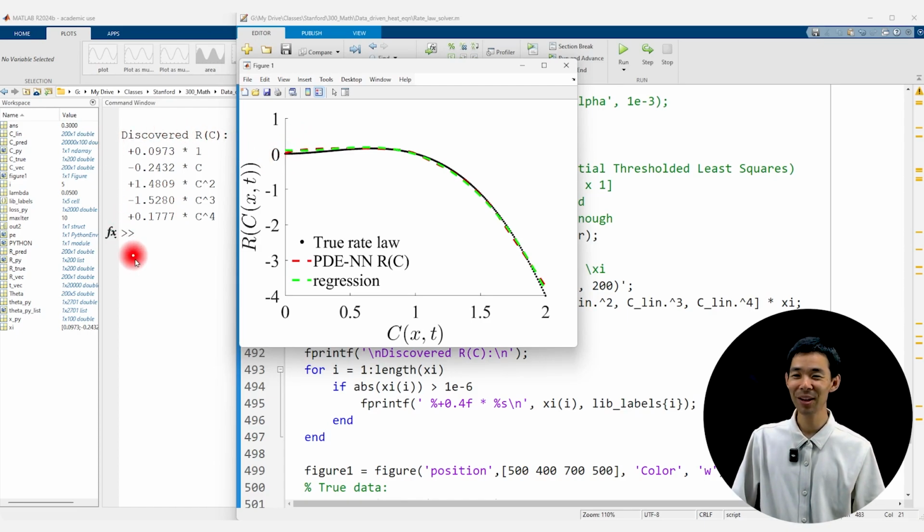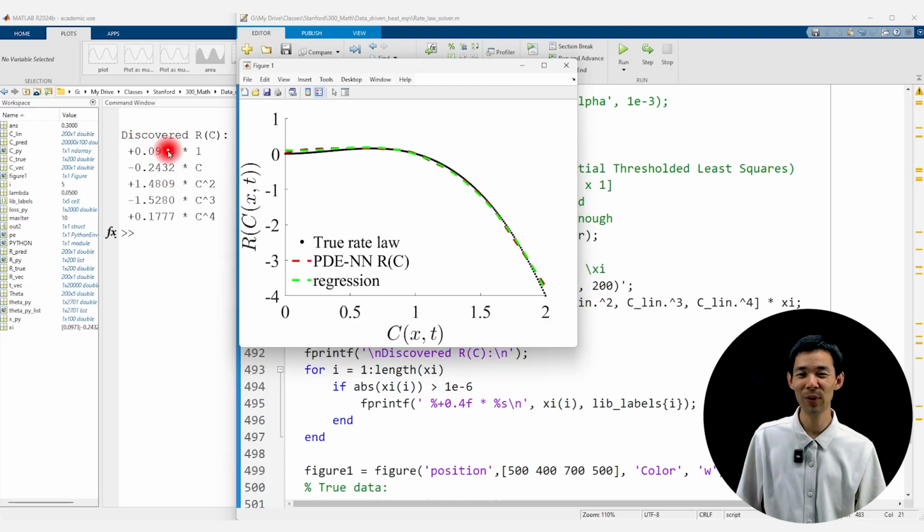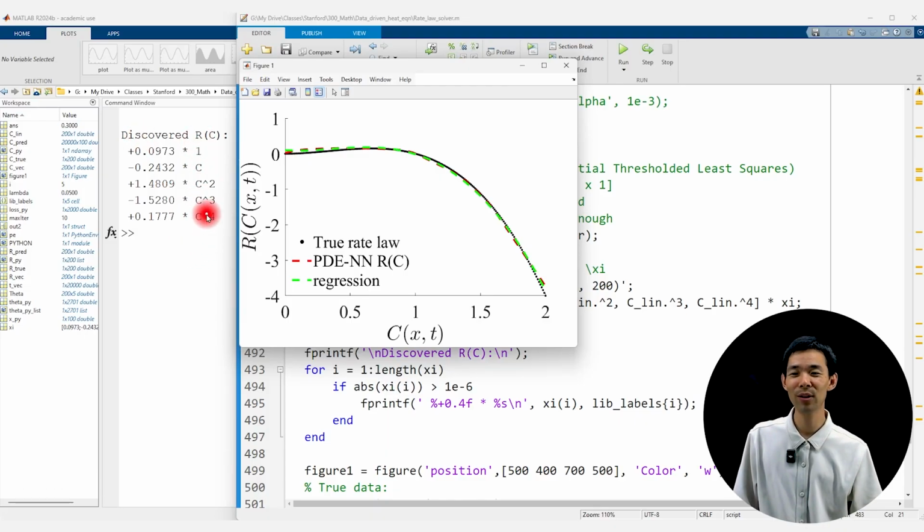Unfortunately, if you look at the command window, the actual discovered equation is not sparse at all. It's capturing all the terms inside the polynomial from 1 all the way to degree 4, so it's finding that all the coefficients are important. Even though the fit is very good, it's not finding a sparse model.